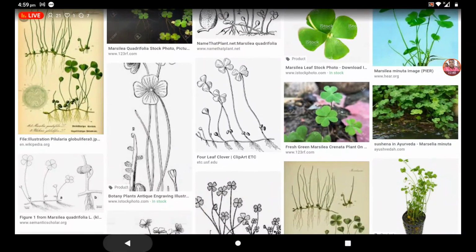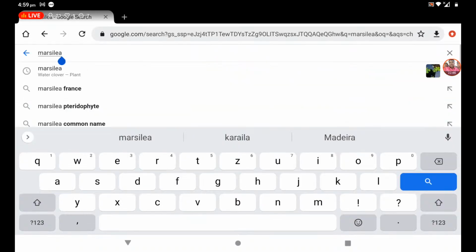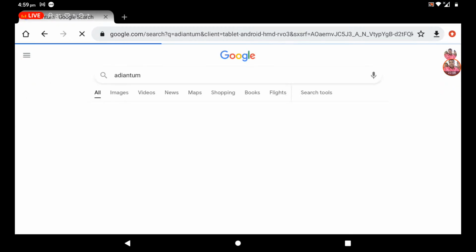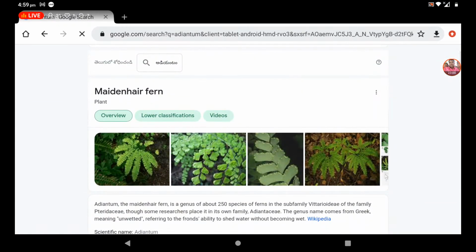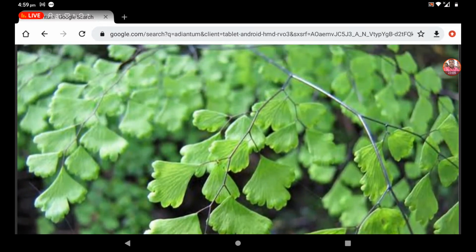Okay, then we can take another example. All these are pteridophytes which are exhibited now. We already showed the sporophyte and gametophyte, with only one set of chromosomes, and one more, the walking fern Adiantum, we can also take.